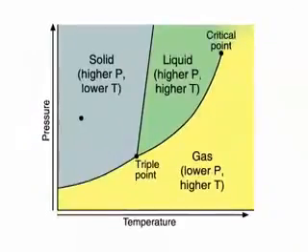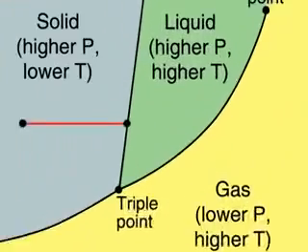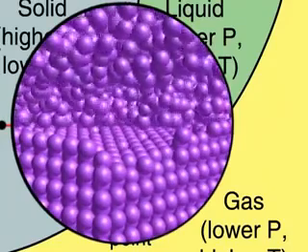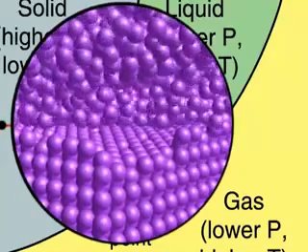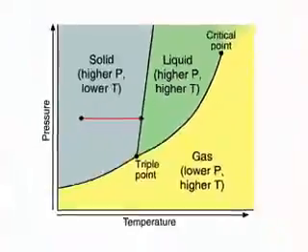Starting with the solid, we increase the temperature until the solid and liquid are in equilibrium. Increase the temperature above the melting point and pure liquid exists.